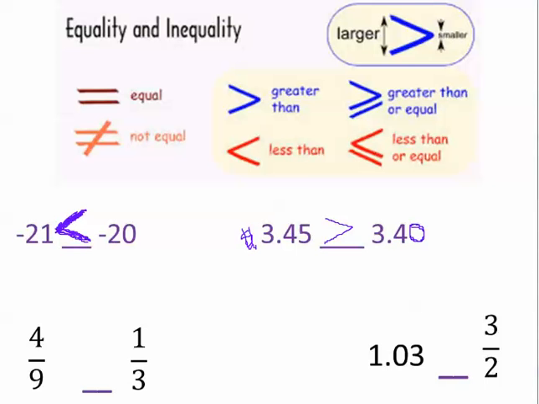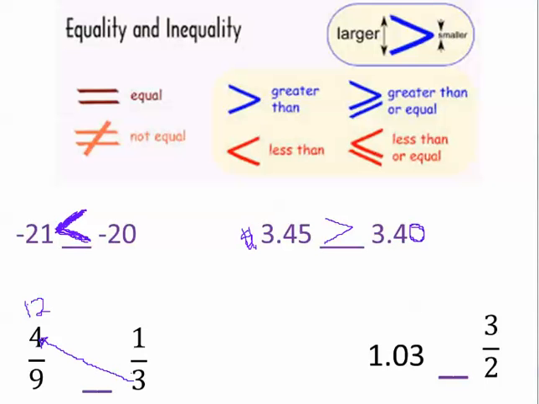Now when it comes to fractions, I know you have a difficult time sometimes ordering them, and I'm going to show you a little trick that you can use if you like. I'm also going to show you how to do it on the calculator, but this is kind of cool. If we take this fraction and we come up here and we multiply, and we write that number right here. So I'm going to write 3 times 4, I know is 12, so I'll write it 12.